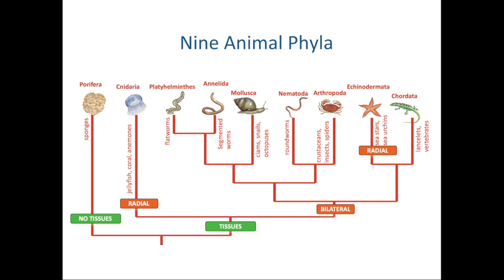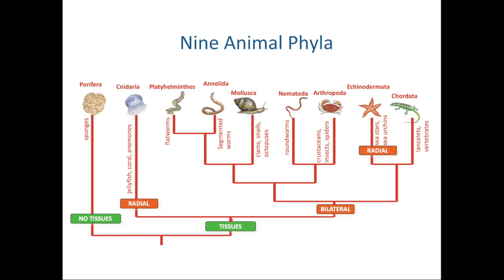Okay, when we look at these, we can see some of these divisions. Here's how these are arranged in this figure. Down here at the bottom, we would have the ancient ancestor of all animals. And at some point, there was a division where some of the offspring had no tissues, and other offspring developed tissues.